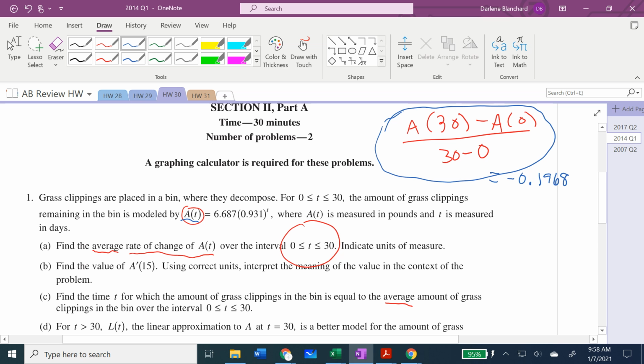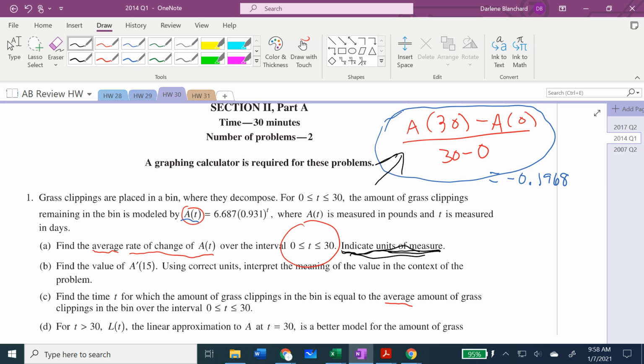Also, as you're working with part A, you want to make sure you read everything. In fact, I would say that when you do the first read, before you go about this expression, you may want to underline indicate units of measure so that you don't fail to do that. It's easy points.